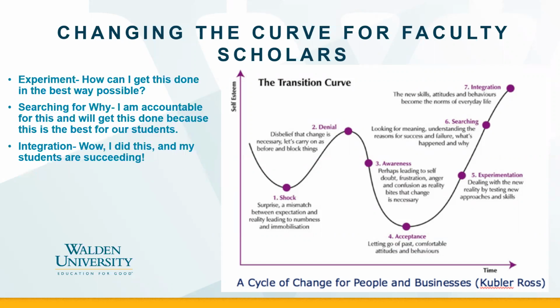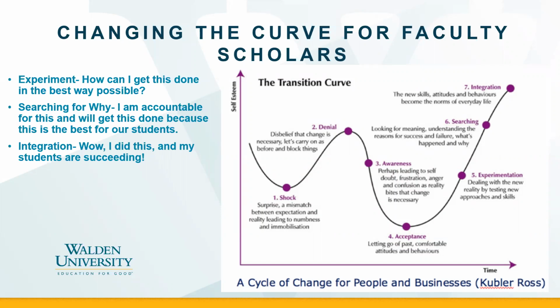So then after you get to the acceptance phase, that's when we go into the experimental phase. We're rolling out the change, we're implementing it as a best practice in our work that we do with our students and the curriculum that we're developing and the research that we're conducting. And so we ask ourselves, how can I get this done in the best way possible?